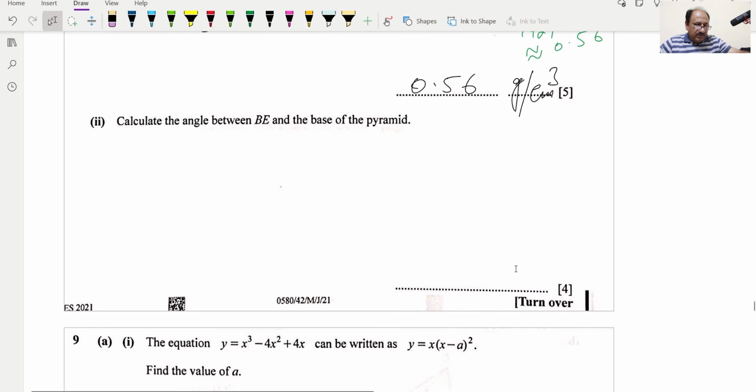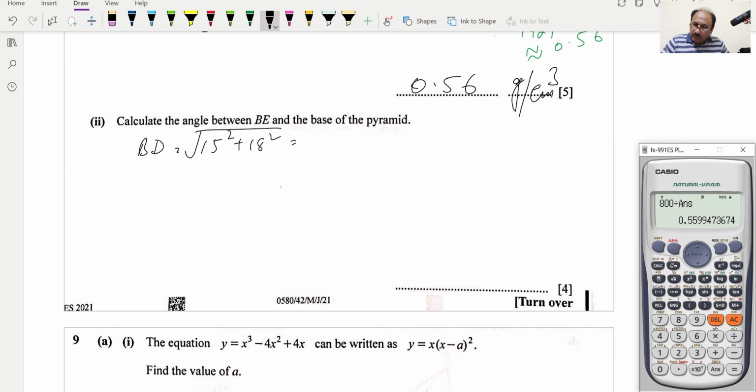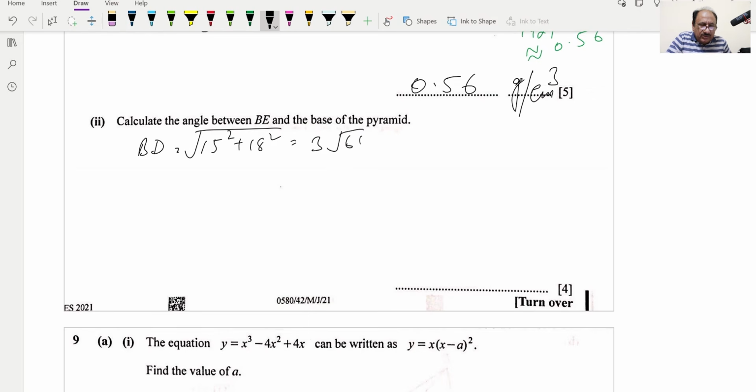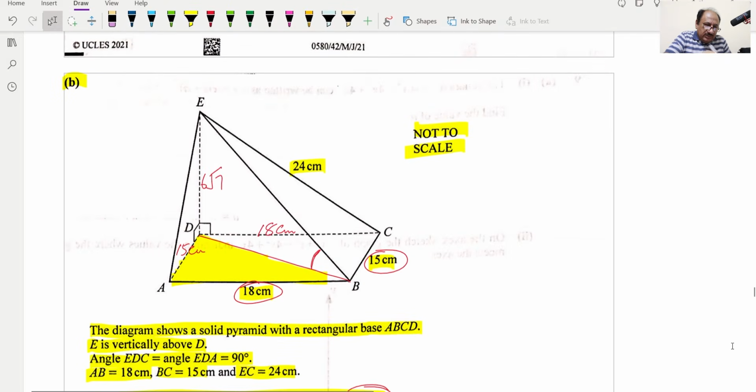So we can write BD is equal to the square root of 15 squared plus 18 squared by Pythagoras theorem, and this will be equal to 3 root of 61. Now we know 3 root of 61 is this measurement.